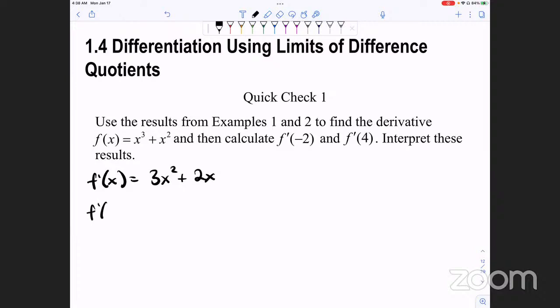So then f prime of negative 2 is 3 times x squared plus 2 times x. Again, the x in this case is negative 2. So that's 4 times 3 is 12.